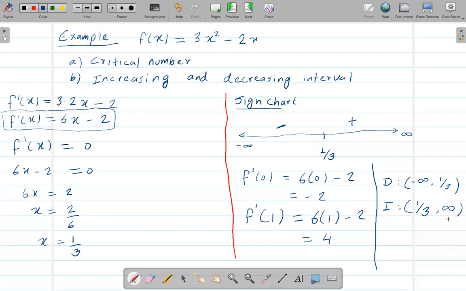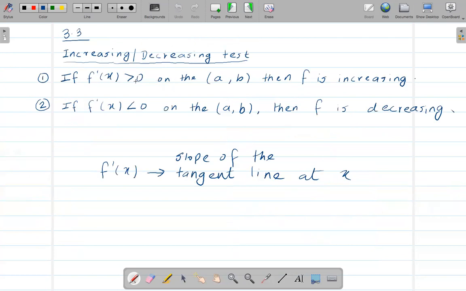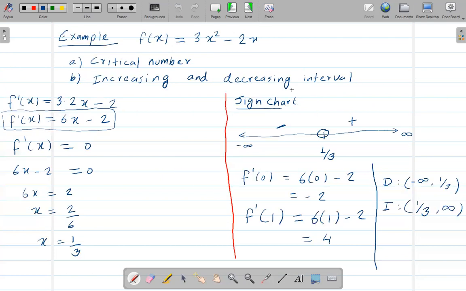Here again on the sign chart, this is going to be an open circle because we cannot include this point, because this point is a critical number. That's how you find the increasing and decreasing intervals using the first derivative. We found the first derivative, and then we found the increasing and decreasing intervals.